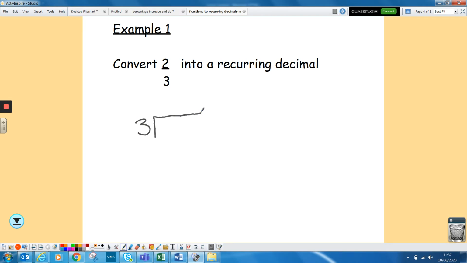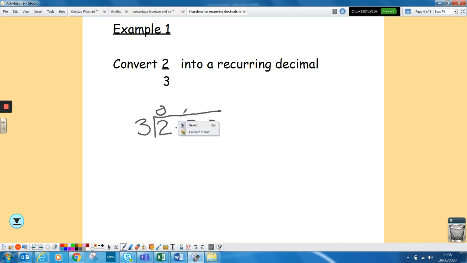We're going to use the bus stop method to do this, divided into 2. Make sure whatever's on the bottom, your denominator, goes on the outside. And I'm going to add on a couple of zeros. Again, we don't know how many zeros sometimes we need to add on. We'll see. So this one, we've got 3 into 2 is 0, and we've got 2 left over.